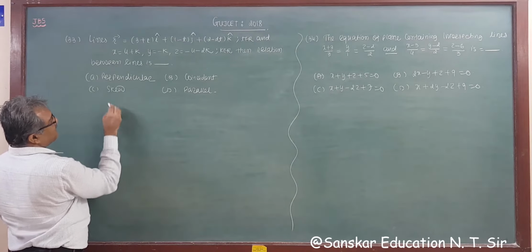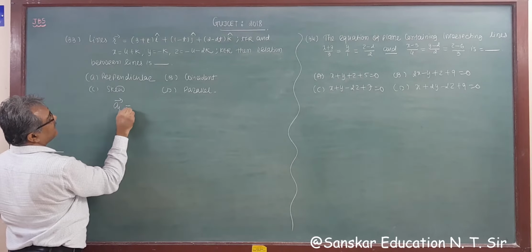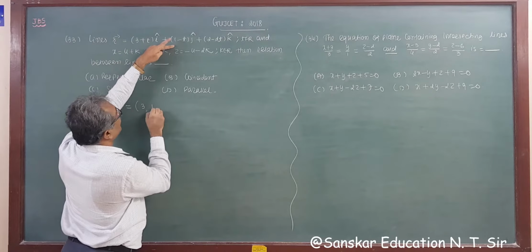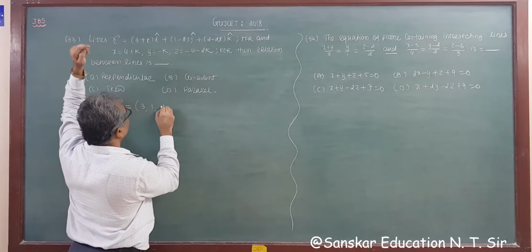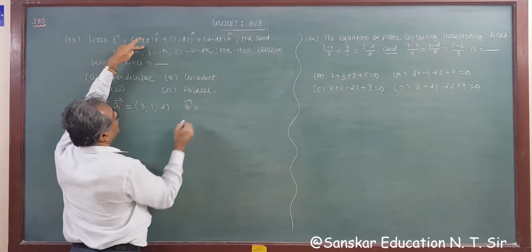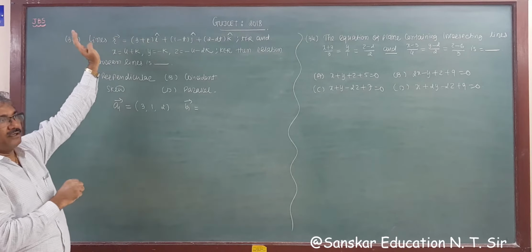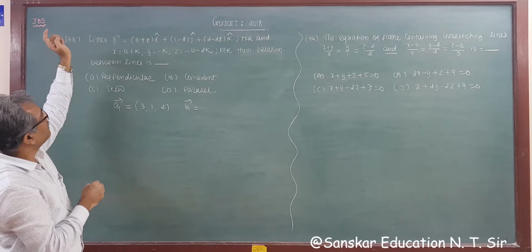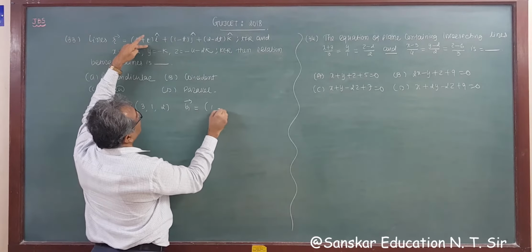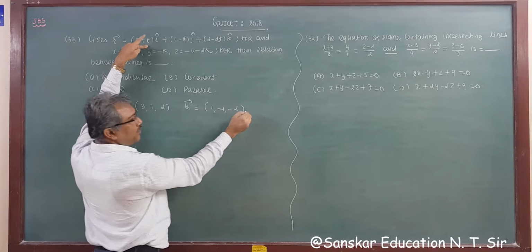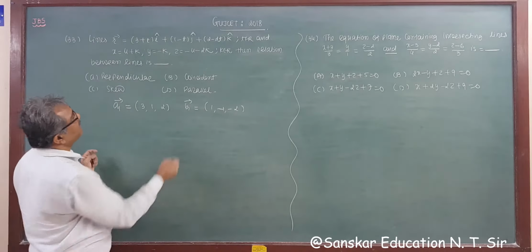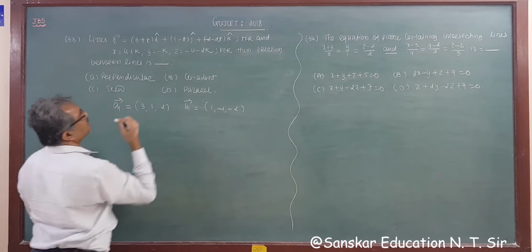So for the first line, a1 bar is the point 3, 1, 2, and b1 bar is 1, minus 1, minus 2.